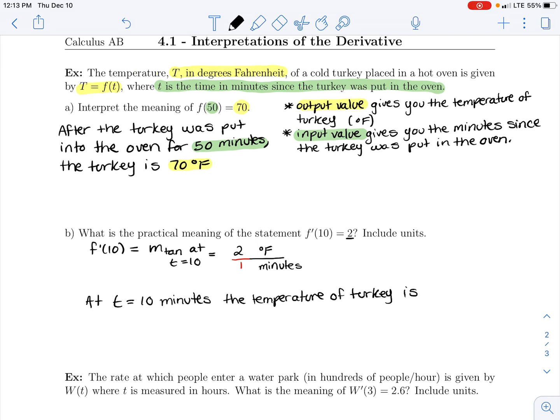So hopefully you guys tell me this is a positive number. And so the fact that it's positive means that it is an increasing rate. Okay, so positive means increasing rate.